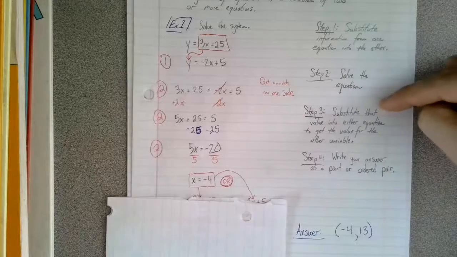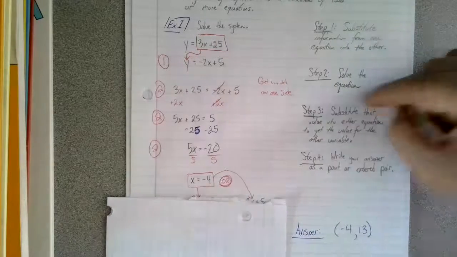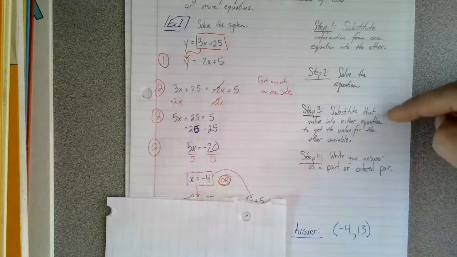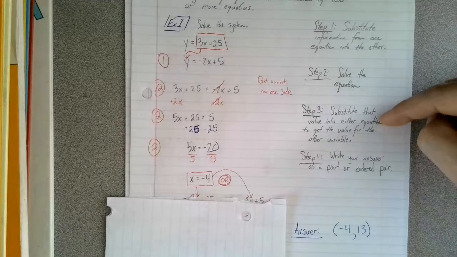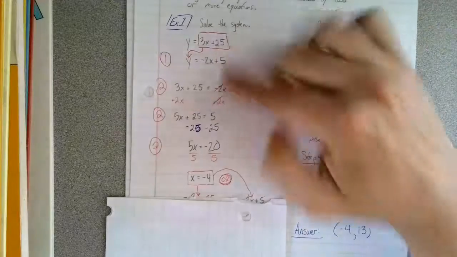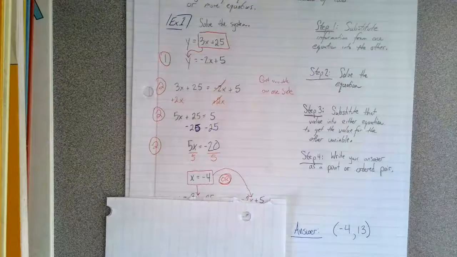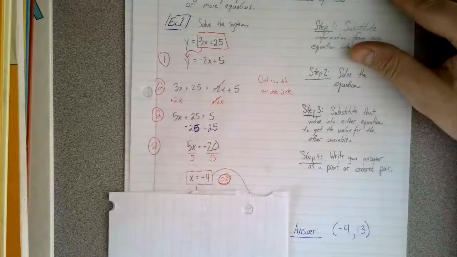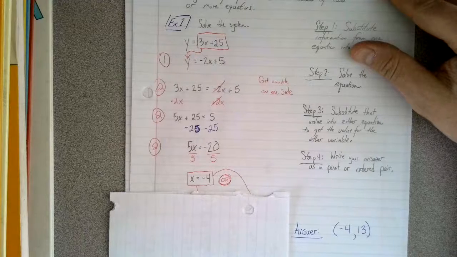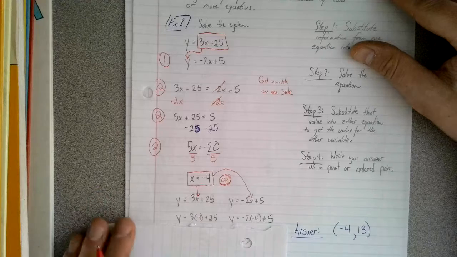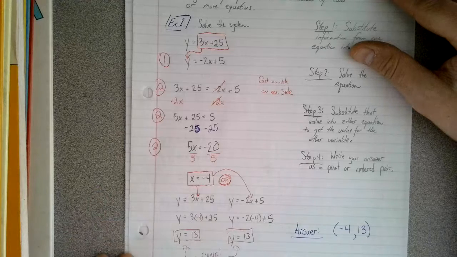Step three, we're going to substitute this value that we just obtained into either equation. We're going to plug x equals negative 4 into either one of these two equations, and we're going to get the value for the other variable. You only need to plug it into one equation. However, I want to show you that it doesn't matter which equation you pick.